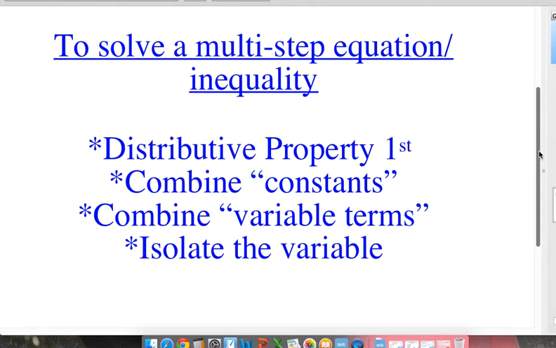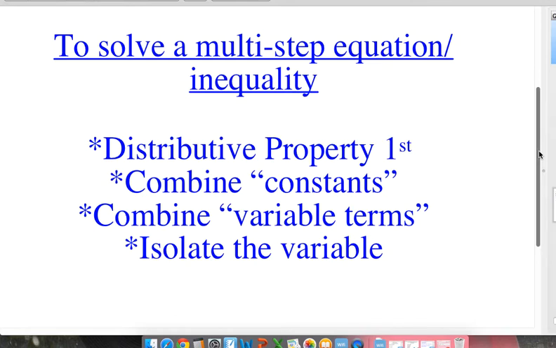Let's remember that constants are plain old numbers. Then we're going to put our variable terms together, right? The terms that have letters of the alphabet. And then finally, we will be isolating that variable, getting that grumpy, antisocial variable alone, right? Remember that variable doesn't want any numbers on his side of the equation or on his side of the inequality.